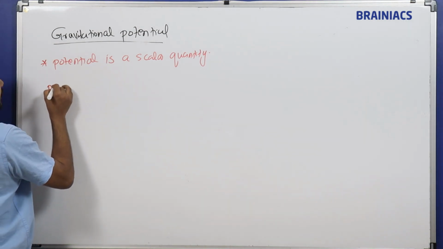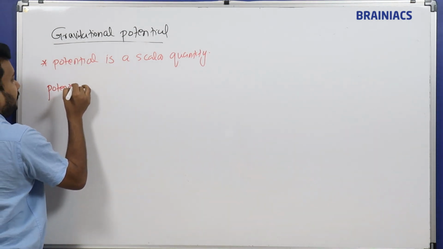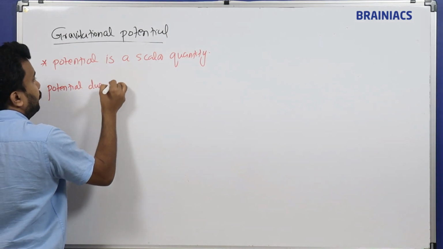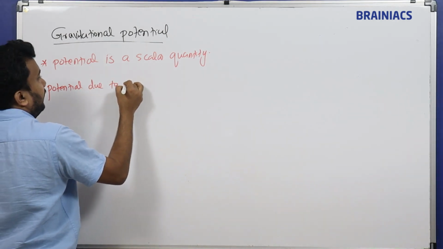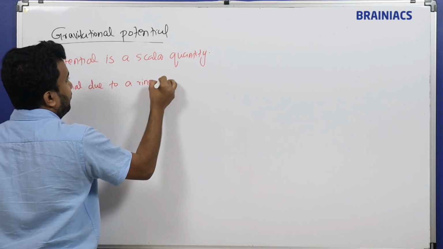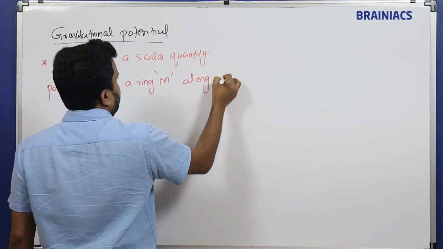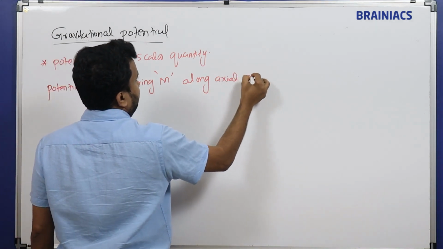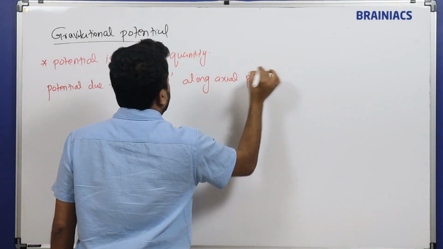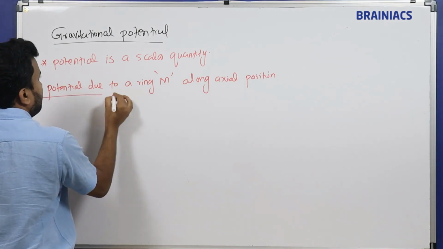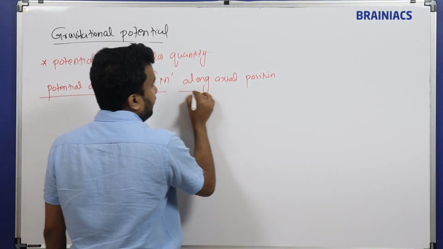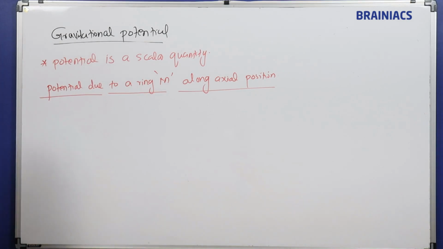Next heading. Potential due to a ring of mass M along the axial position. What does that mean?